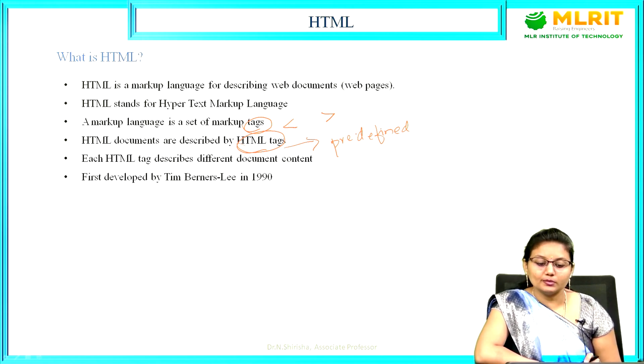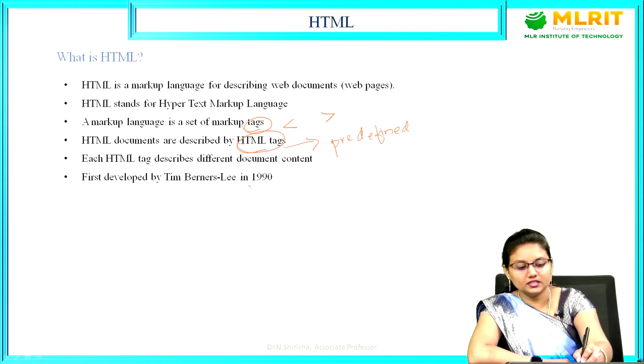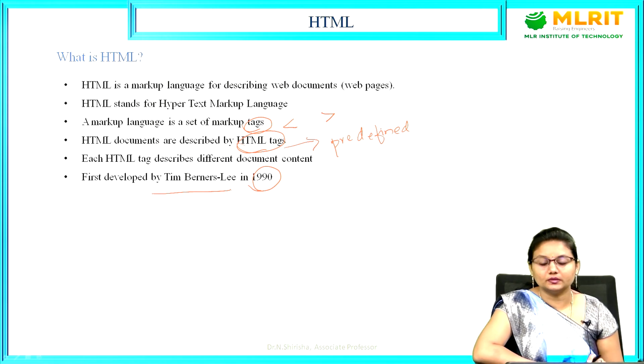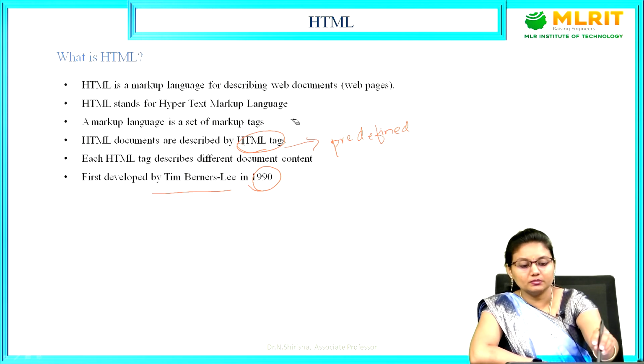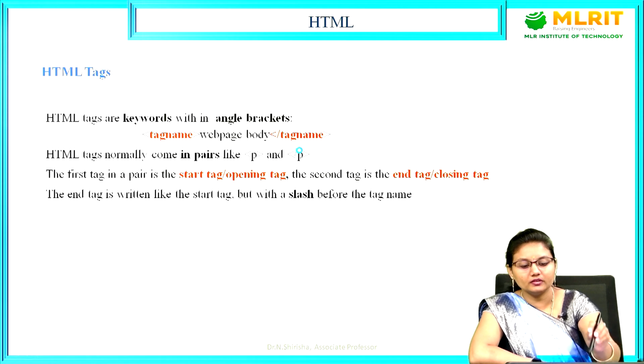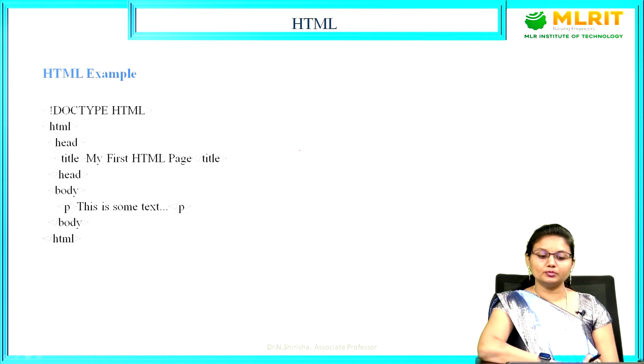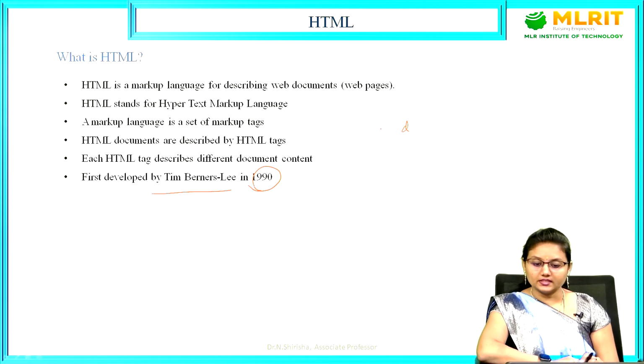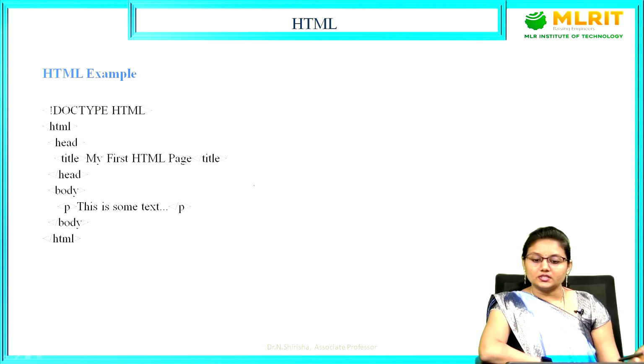Each HTML tag describes different document content. That means whatever the requirement of your web page is, according to the requirement we design, for which we use the tags. It was first developed by Tim Berners-Lee in 1990. Tim Berners-Lee designed this HTML. So HTML is a hypertext markup language, and we call it a markup language because we are using the tags there.